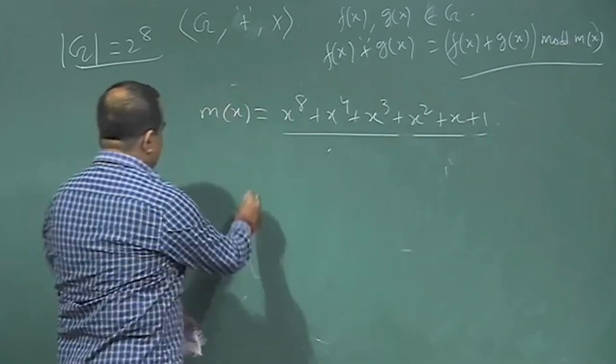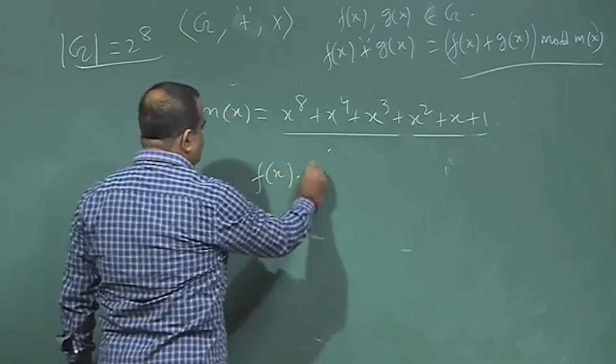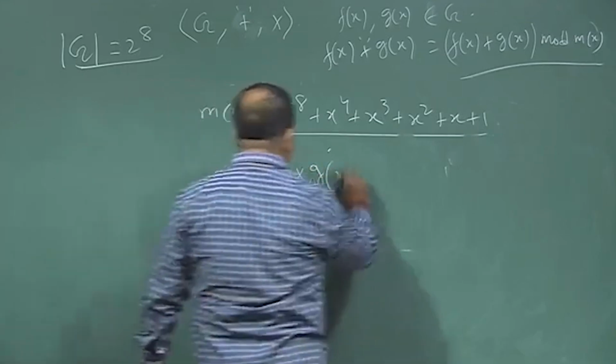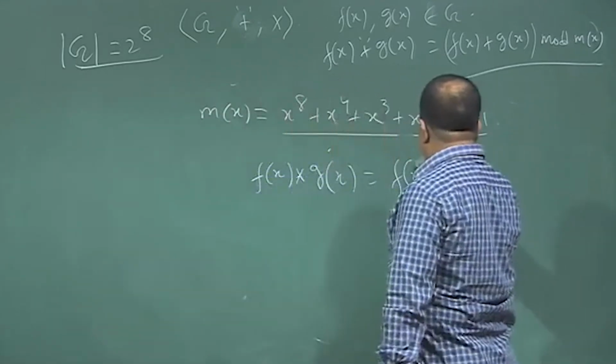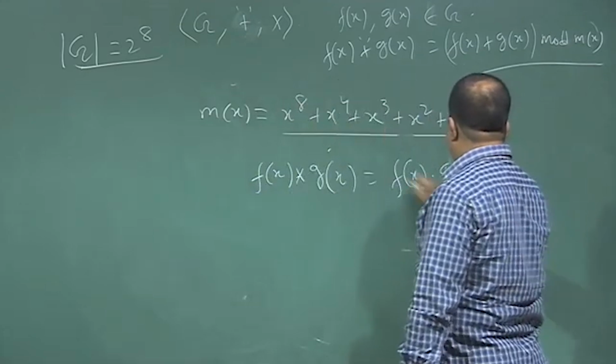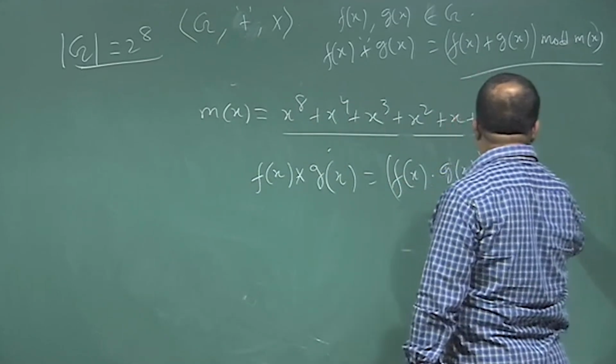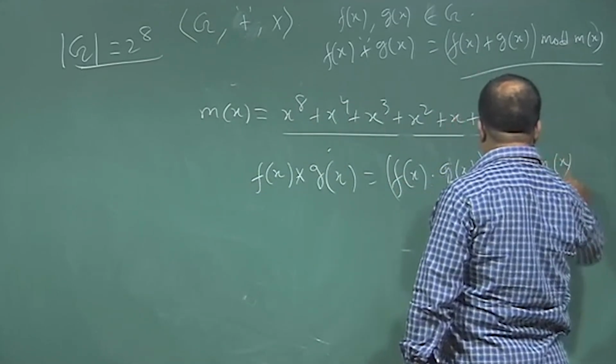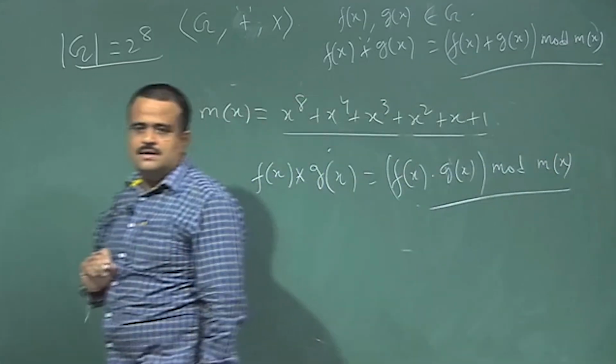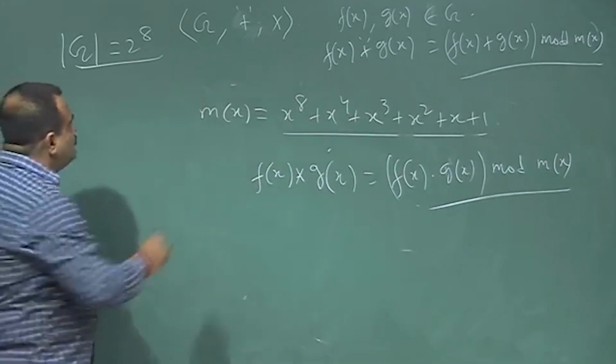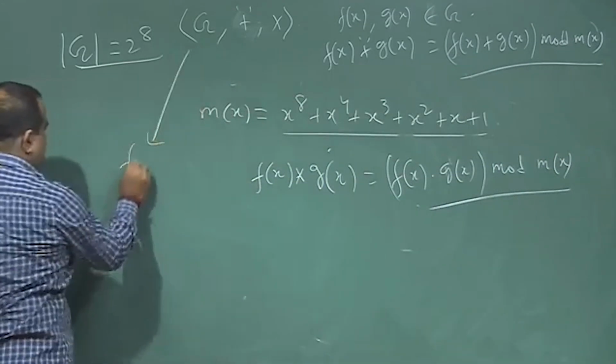Similarly, multiplication is also under the modular operation. If we take two polynomials f(x) and g(x), f(x) into g(x) is basically the polynomial multiplication mod m(x). It can be shown that this is a field.